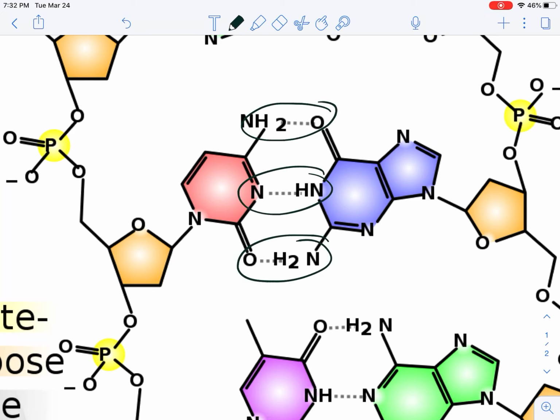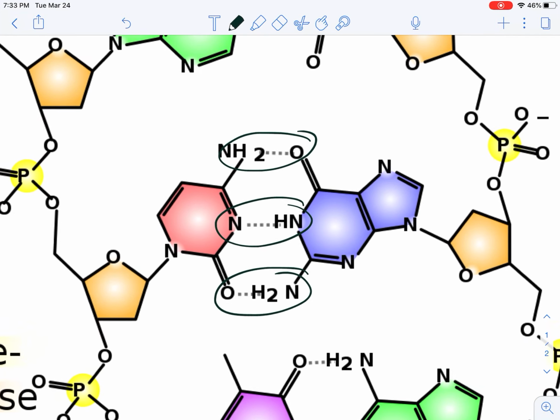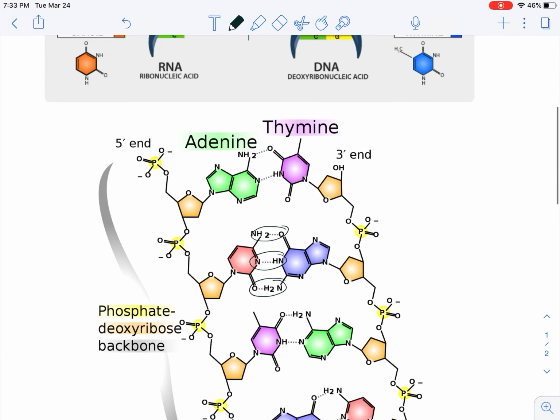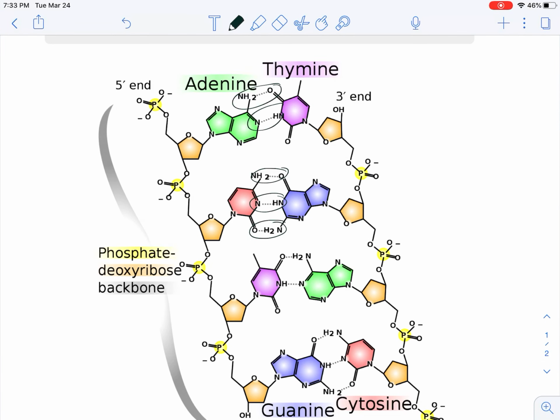The key thing is that they're weak, allowing the strands to be separated, which later on down the line, when we talk about how the information in DNA is read, you need to split those two strands apart. Also, when you are creating new DNA, you need to split those strands apart in order to copy it. All the way down the DNA strand, you have these weak hydrogen bonds.